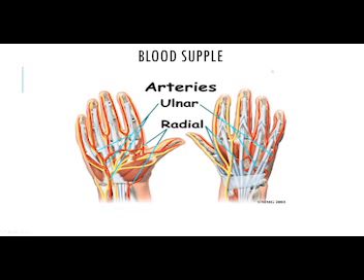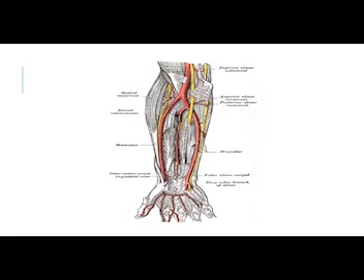I'm going to start with blood supply. The radial and ulnar arteries, which are branches of the brachial artery, provide the blood supply to the hand. The radial artery runs distally in the forearm between the brachioradialis and flexor carpi radialis muscles.